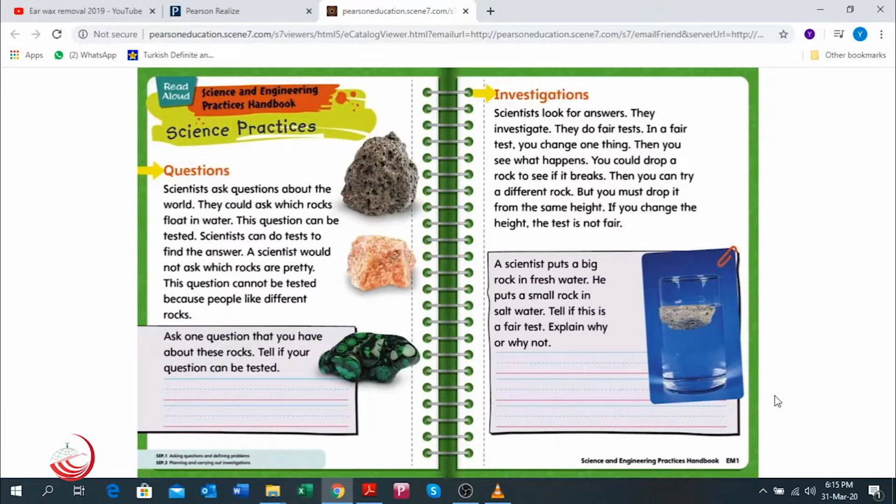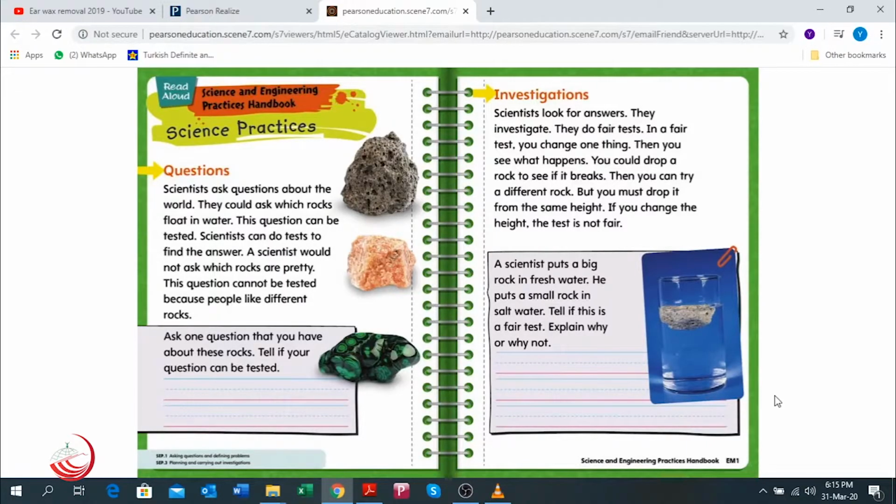Let's think of a question. I got a question. Are they equally heavy? I mean, do they weigh the same? Which one is the heaviest, right?